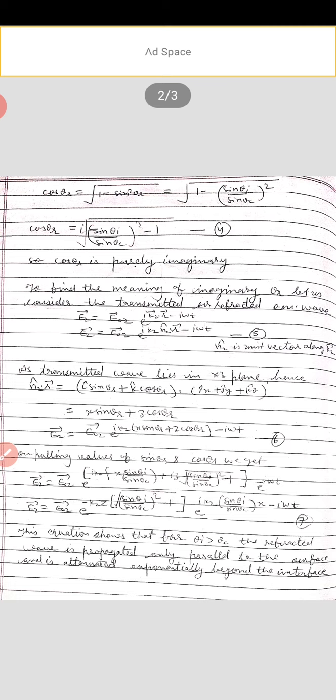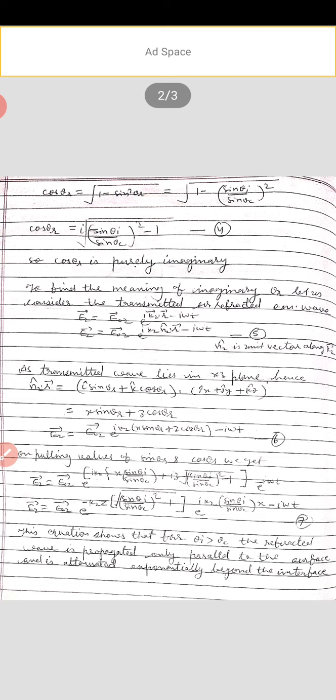If we put this value in equation 5, then we get E2 is equal to E naught 2 e power iota k2 into (x sin theta r plus z cos theta r) minus iota omega t.